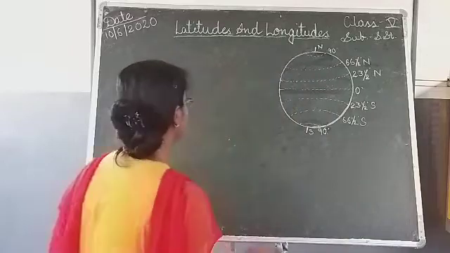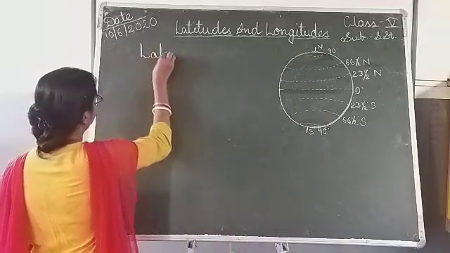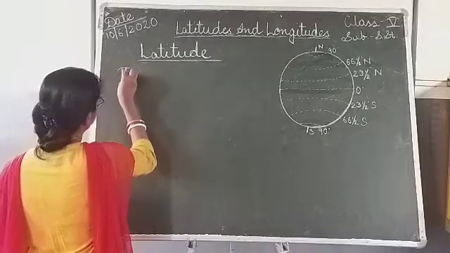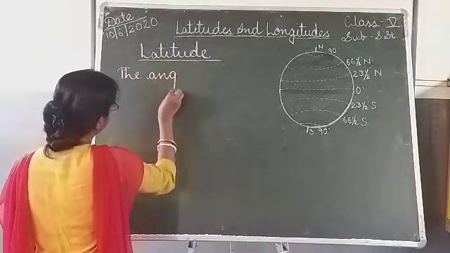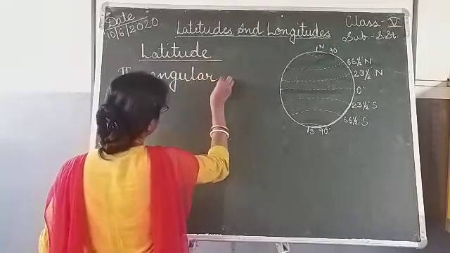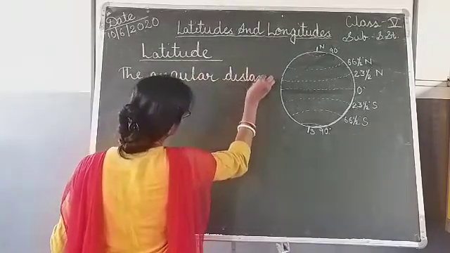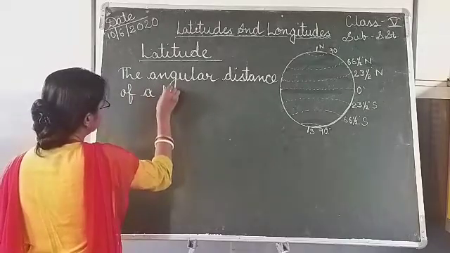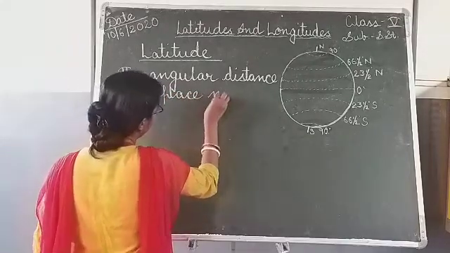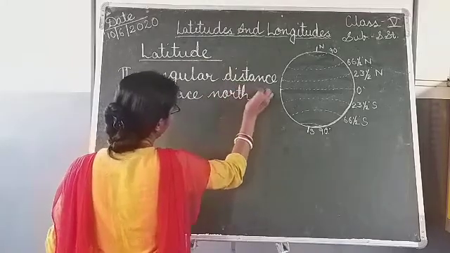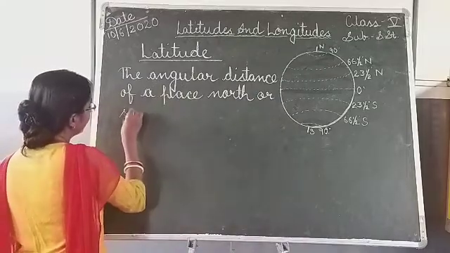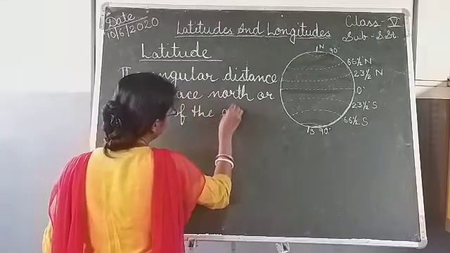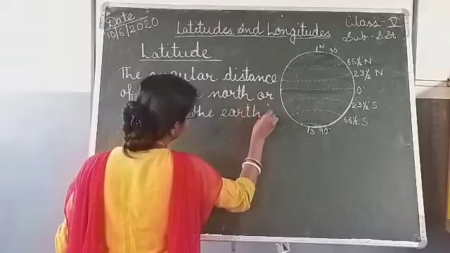Latitude. What is latitude? The angular distance of a place north or south of the Earth's equator.